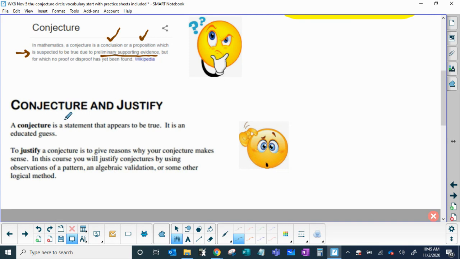A conjecture is a statement that appears to be true based on an educated guess. To justify a conjecture is to give reasons why the conjecture makes sense. In this course, you will justify conjectures by using observations, patterns, algebra, validation, and other logical methods.